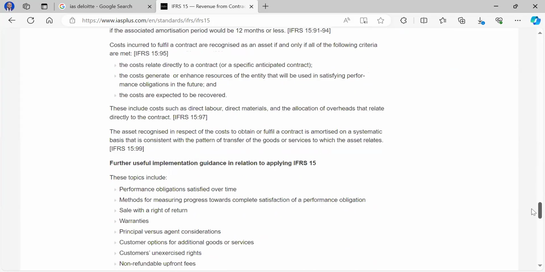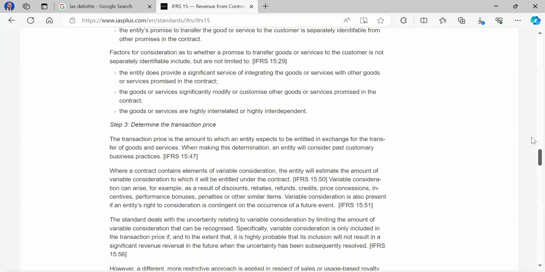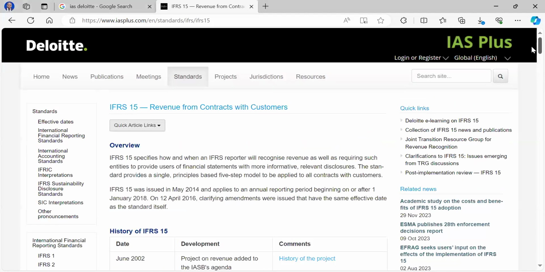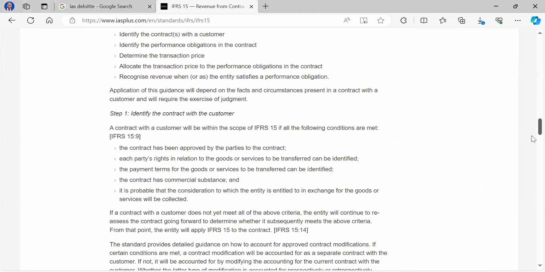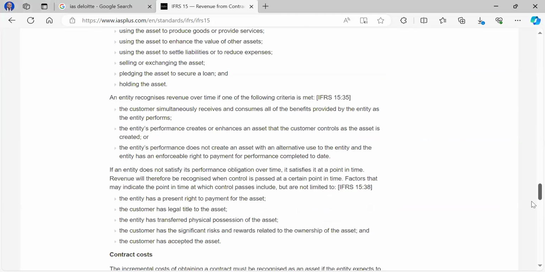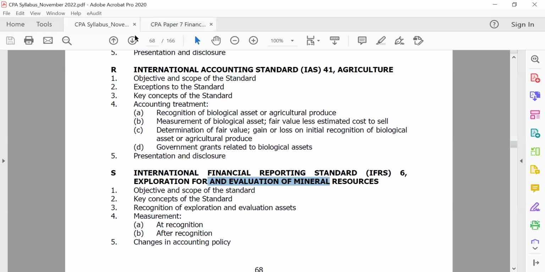But then for us, of course, our interest is to understand the standard, but also to know how the standard is examined by the examiner. Because at the end of the day, knowing the standard is one thing, but then also being able to apply the knowledge. The examiner can ask you some elements of theory around the standard, but mostly what you need for this paper is to see how to apply the standard.